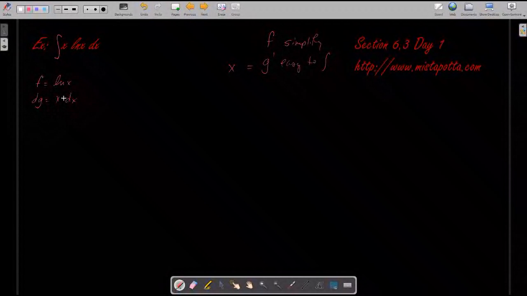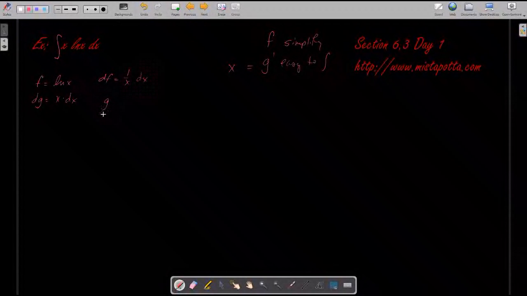Then I can find df, because df should be the derivative of natural log x, which is 1 over x dx. And I said that g should be something that's easy to find the antiderivative of.